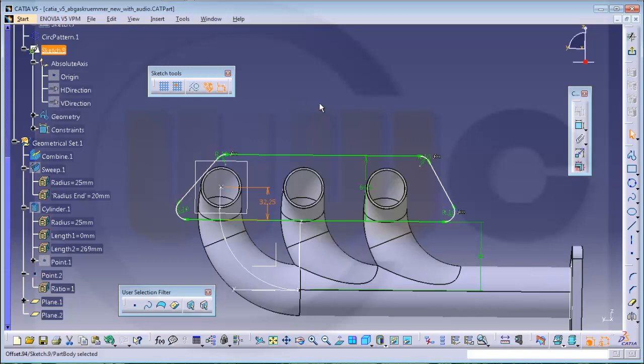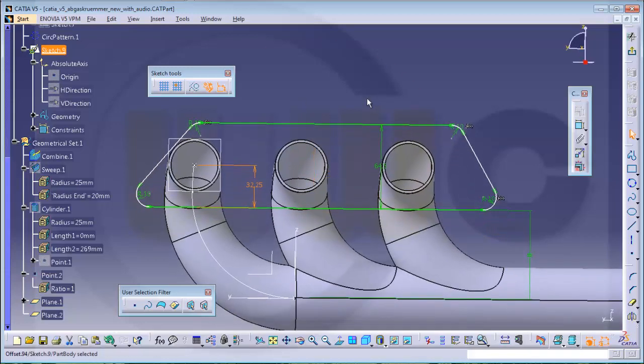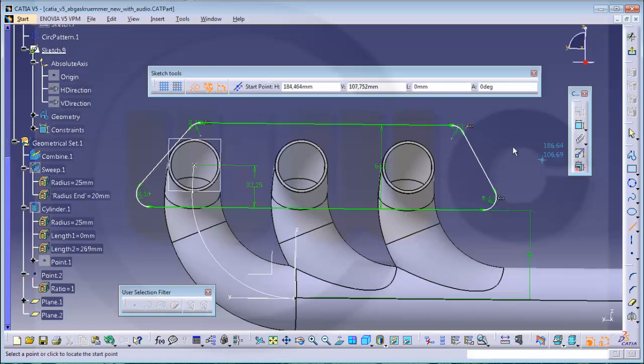Okay. It would be nice to make this sort of symmetric, or yeah, let's make another construction line.